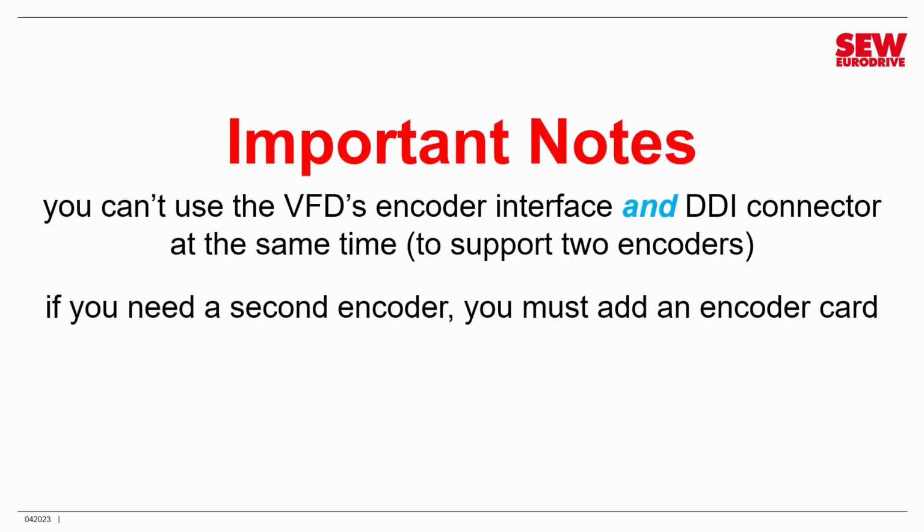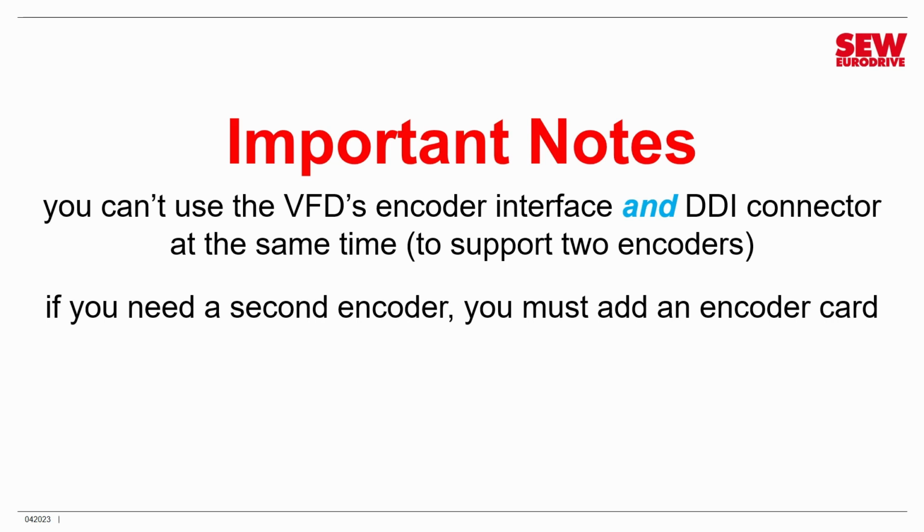So an important note here, people always ask me this question in class. I'm going to mention this. They say, okay, if the VFD's got an encoder interface and a DDI connector, which can talk to an encoder and a DDI motor, does that mean I can get 2 encoders that way and not spend any extra money? Use the DDI plus the built-in encoder interface. I'm sorry, you can't do that.